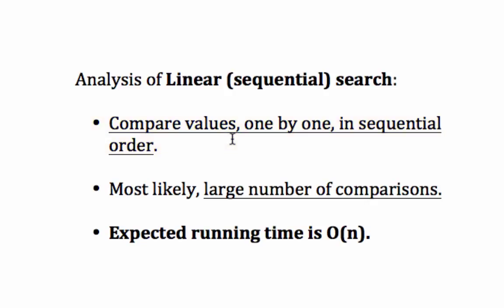So again, imagine a very large collection, 10,000 elements, 250,000 elements. So we're going to require a lot of comparisons. So we said that the expected running time is proportional to the size of the collection. N represents the number of elements. So the larger the value of N is, the larger the number of elements we have in the collection, the longer it's going to take to either find a match or to go through the entire collection and conclude that there are no matches.